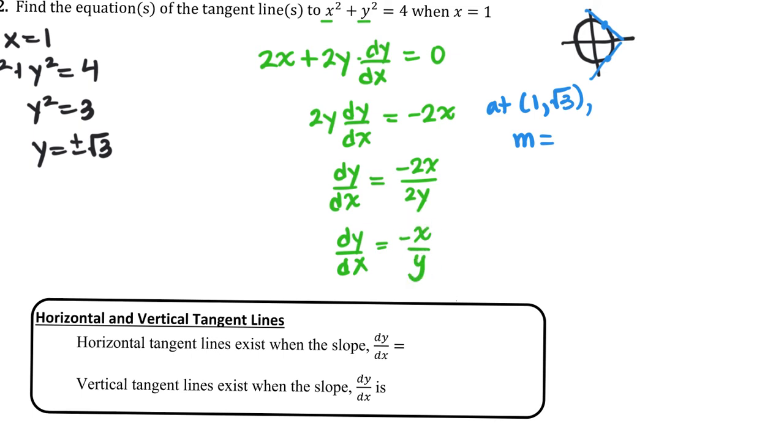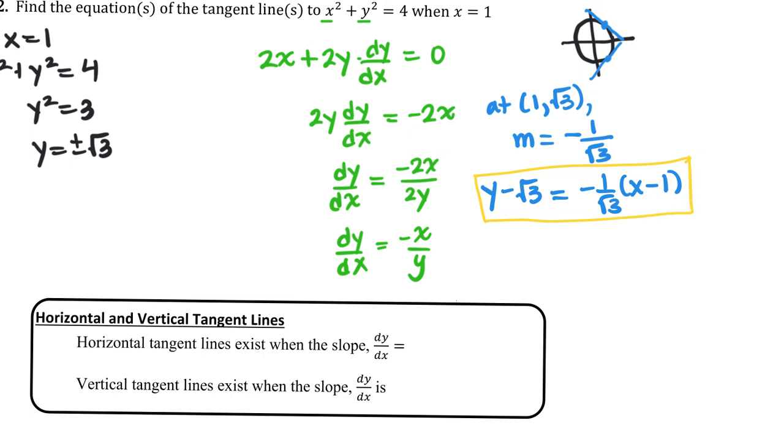So that's going to be negative 1 over root 3. Negative x over y. Fair? Okay, so that means my equation of the tangent line is going to be y minus root 3 equals negative 1 over root 3 times (x minus 1). That's one of my equations.